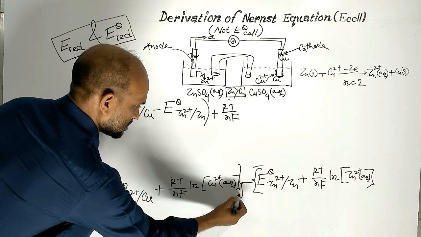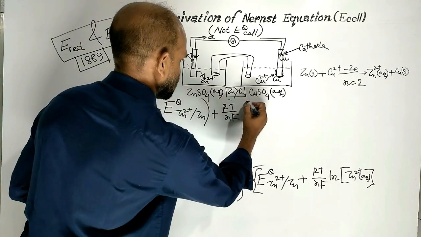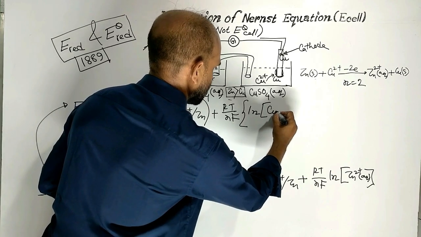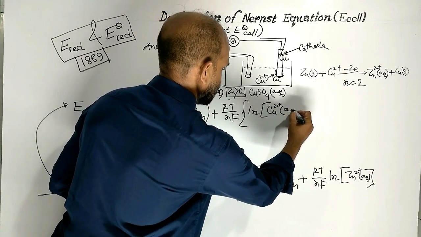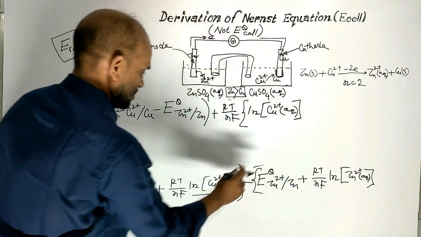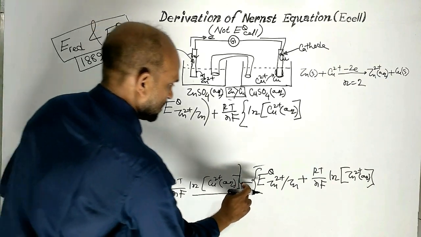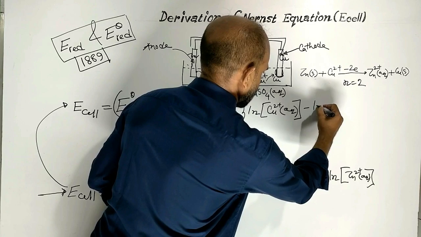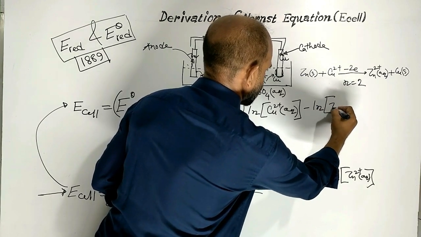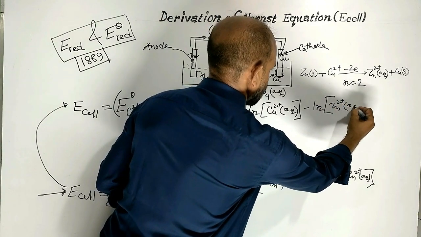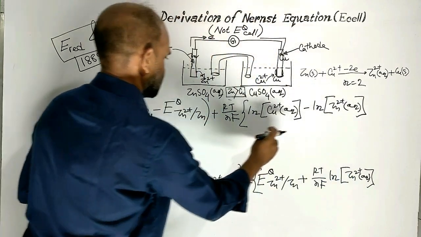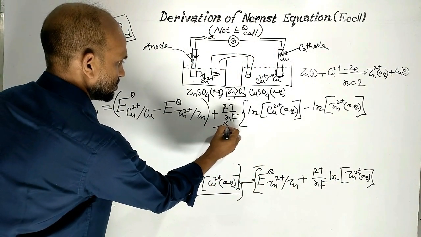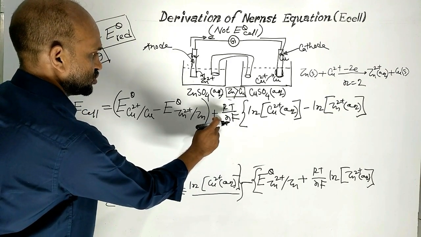What is left is ln concentration of copper 2 plus ion minus ln concentration of zinc 2 plus ion, taking common RT by NF. Here the value of N is 2.